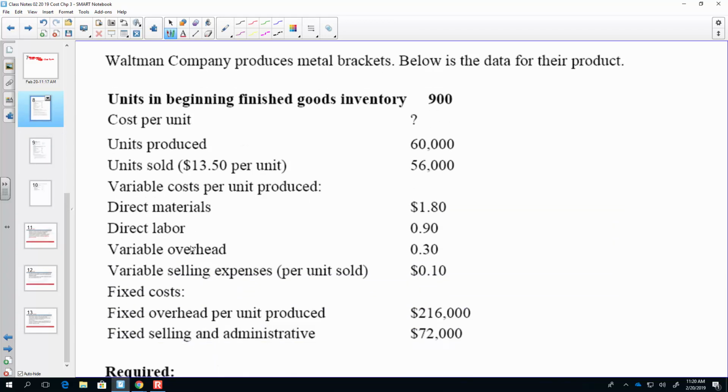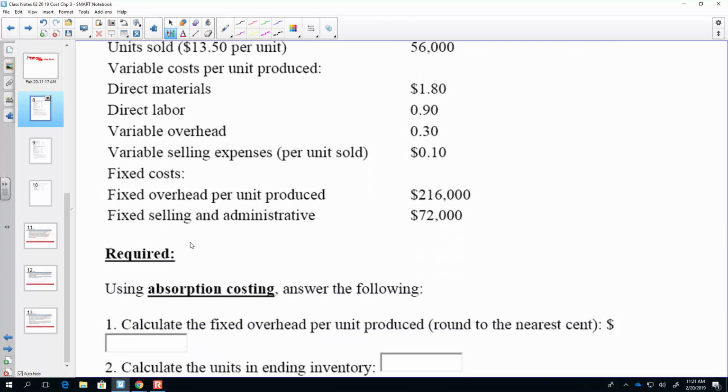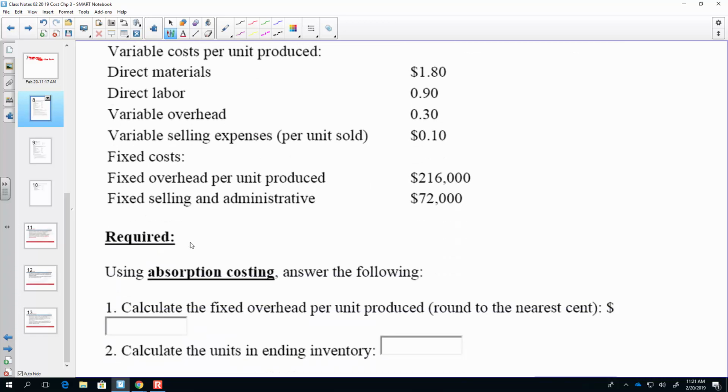Let's look at this problem. Waltman produces brackets. They had beginning inventory of 900. They produced 60,000. They sold 56,000 for $13.50. Calculate the fixed overhead per unit produced, rounded to the nearest cent.